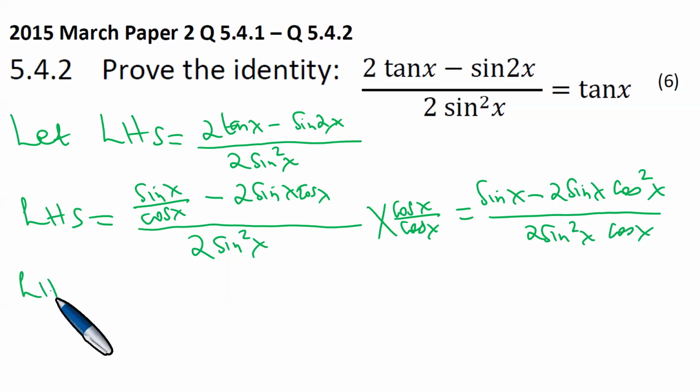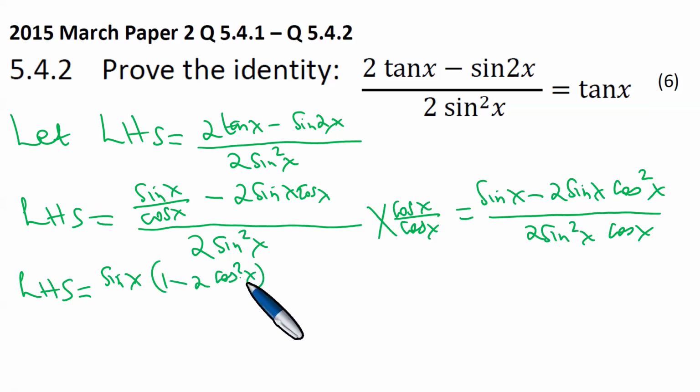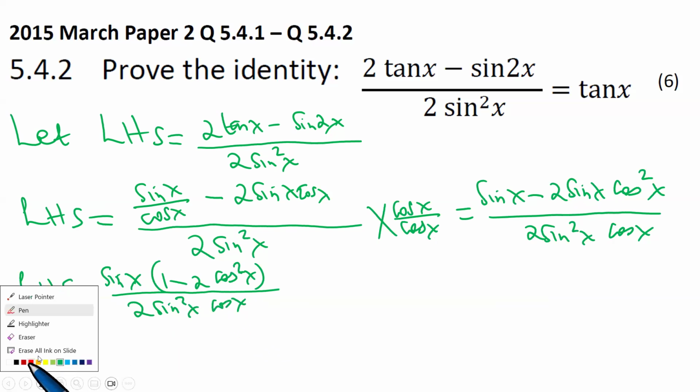What is the left-hand side? We have the sine of x factored out, so we'd have 1 minus 2 cos squared x, divided by the denominator, which is 2 sin squared x cos x.